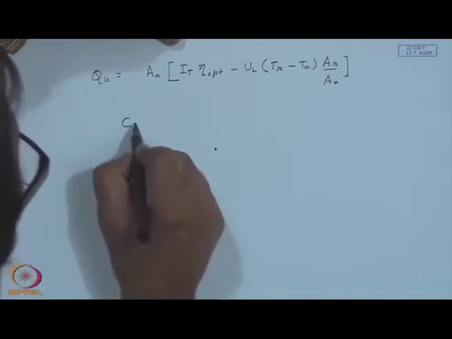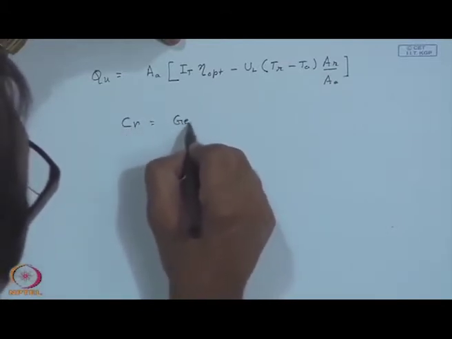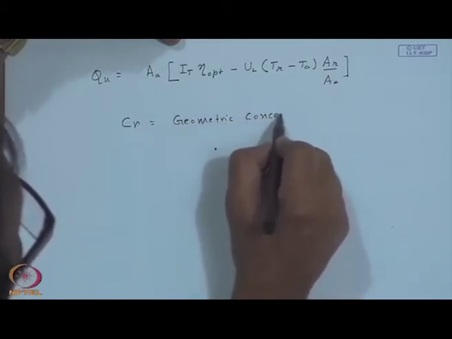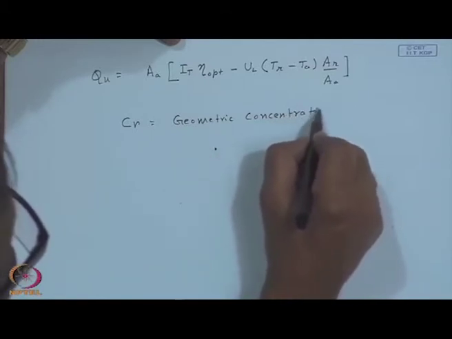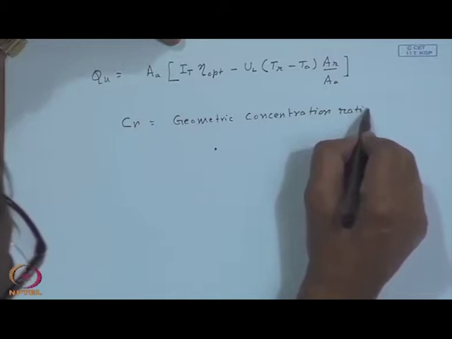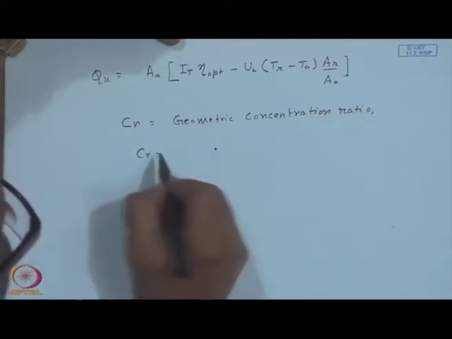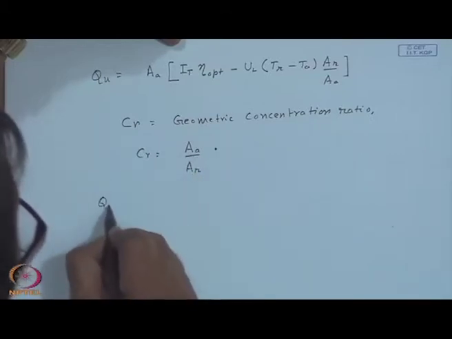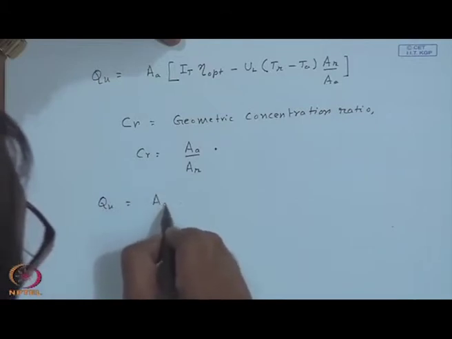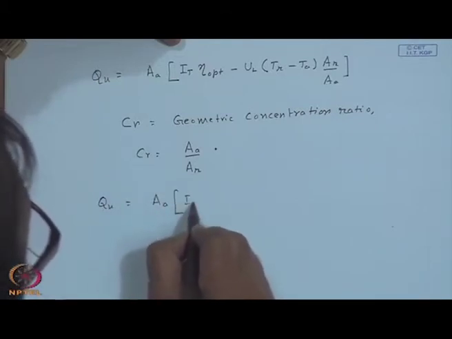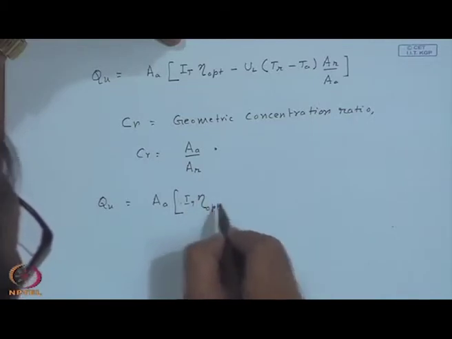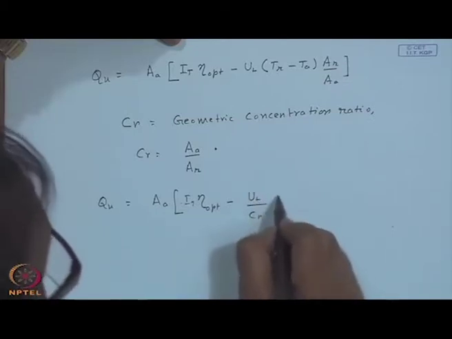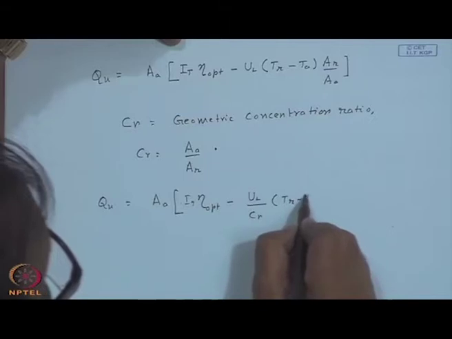Now, if I define CR, a geometric concentration ratio, as AA by AR, QU can be put in this particular form: AA times IT eta optical minus UL by CR times TR minus TA.